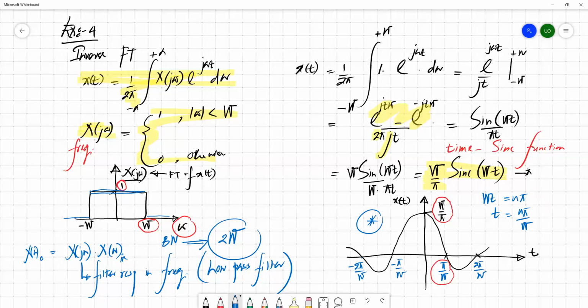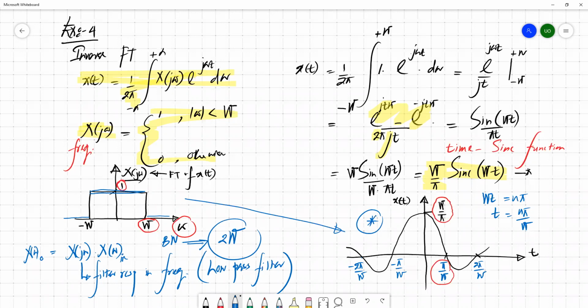For low pass filters, the frequency domain representation is a kind of rectangular function in frequency domain. Once you convert it to the time domain, it's a sinc function.